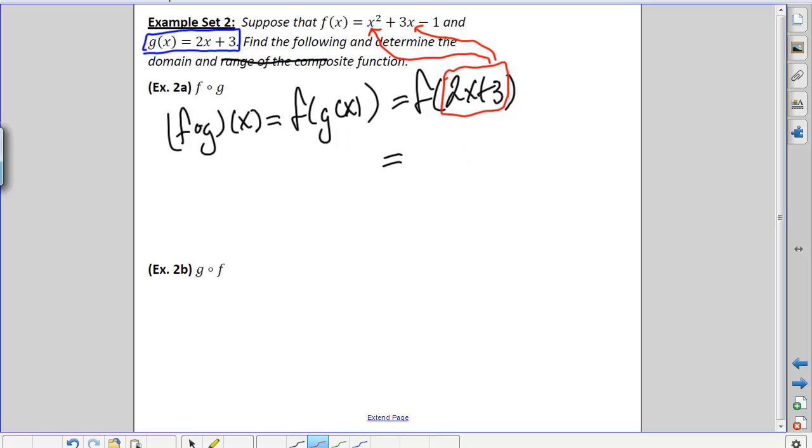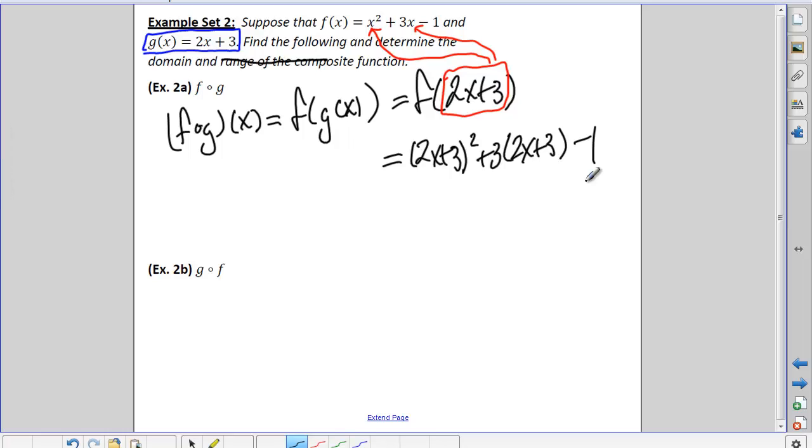So that's going to look like 2x plus 3 squared plus 3 times 2x plus 3 minus 1. So all the x's get replaced with a 2x plus 3.